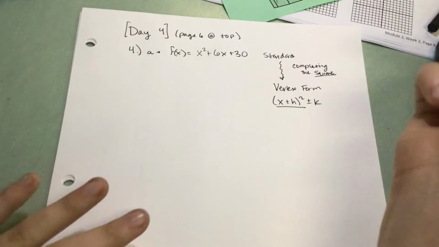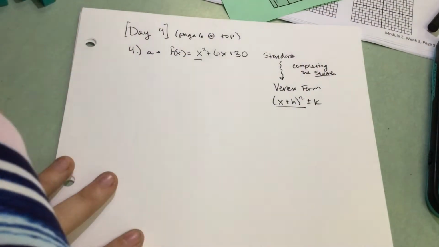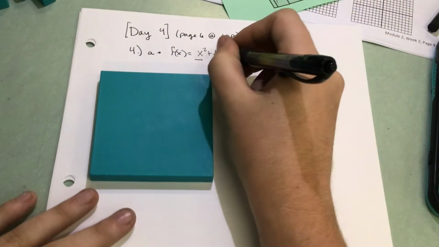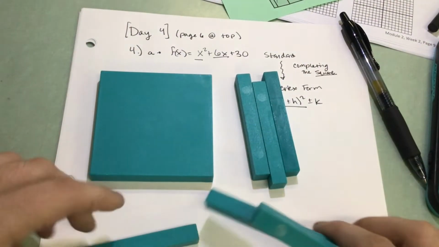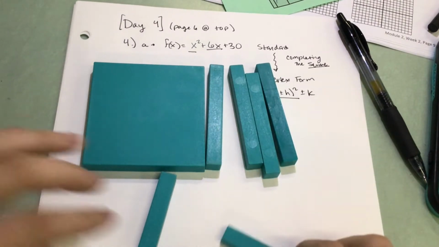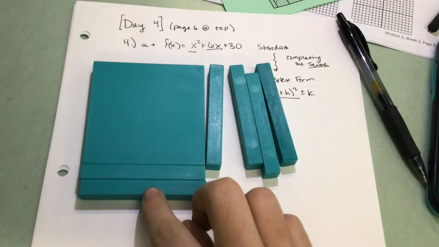So let's just get started with the items that I have. I've got an x squared, one of these big ones. That's our x squared. 6x, so we need 1, 2, 3, 4, 5, and 6 of these. So we are going to try to put these in a format where I'm going to be building a perfect square.